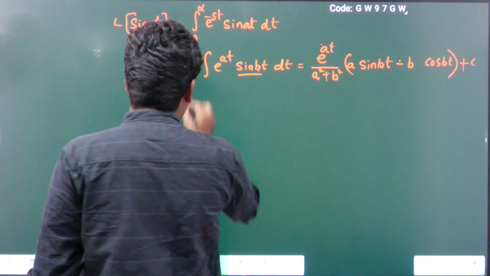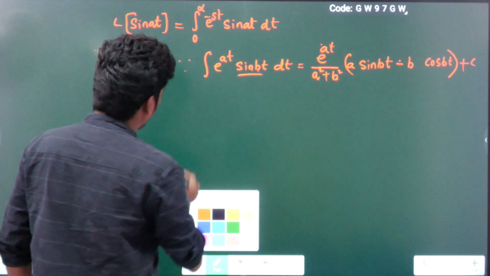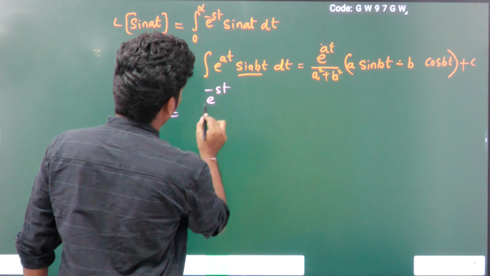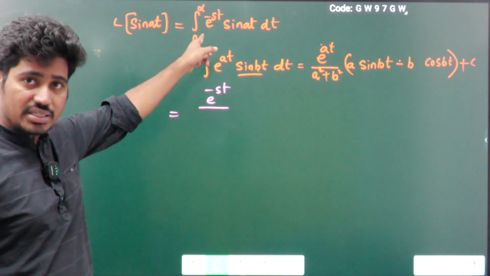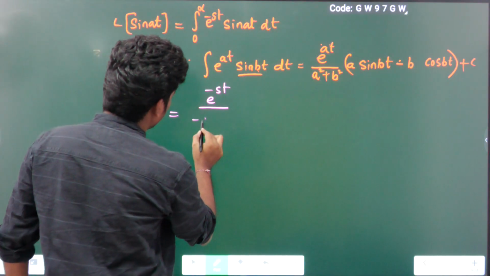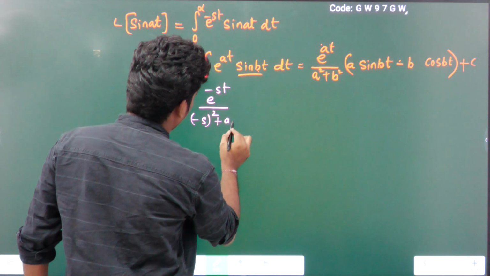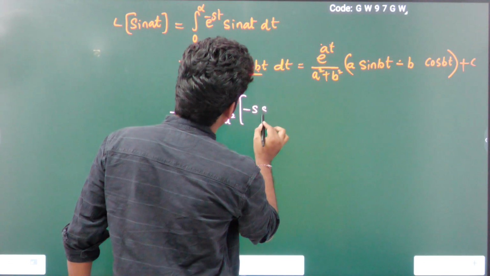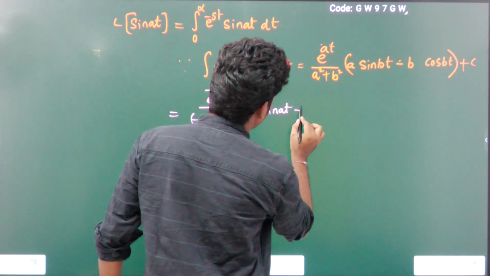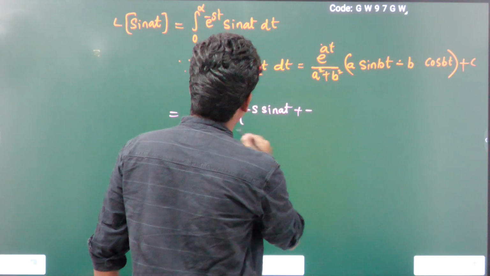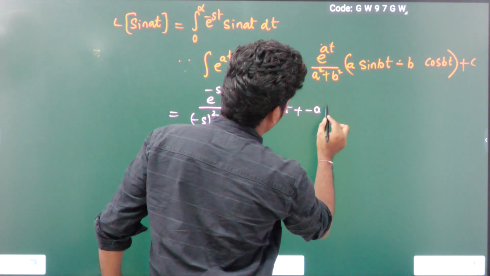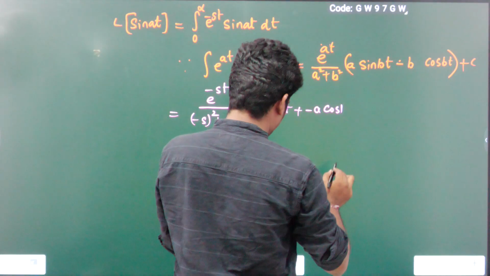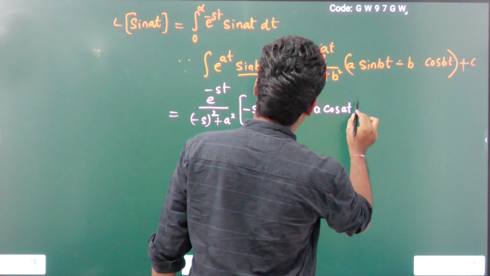As per this formula, if I implement it here, we get e power minus st divided by minus s whole square plus a square, into minus s into sin at, plus minus of b, here b means a, into cos at.